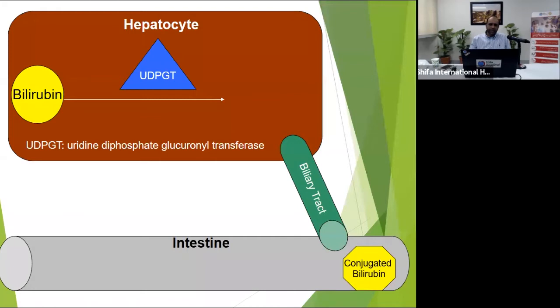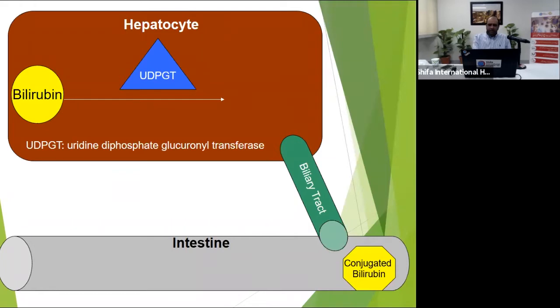So any pathology around the biliary tract will be the reason for conjugated obstructive jaundice. It will help us understand the pathogenesis and background of the different stages and types of the disease in this course.